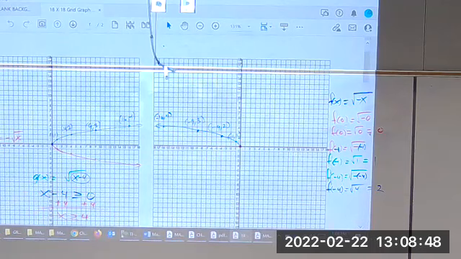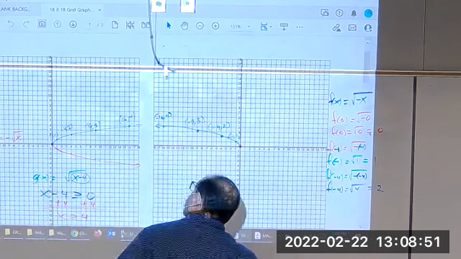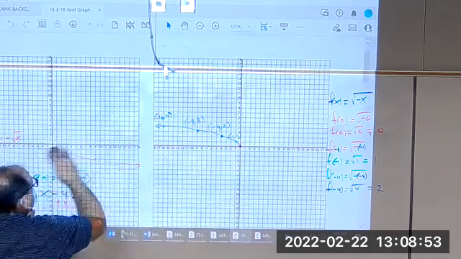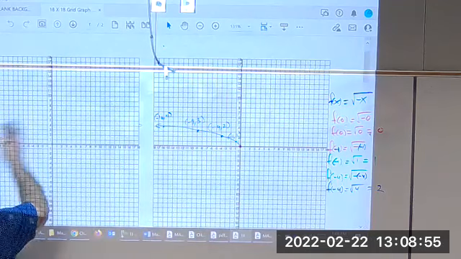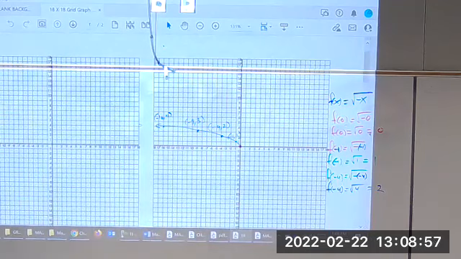And if I had to actually do this, f of x is equal to negative square root of 3 minus x plus 2.